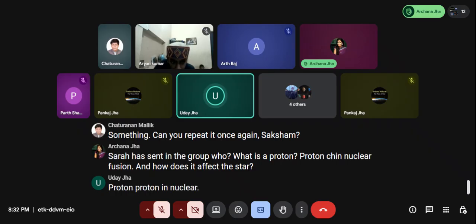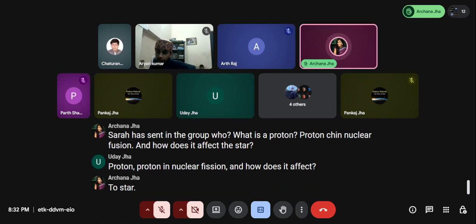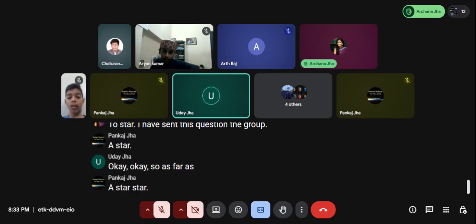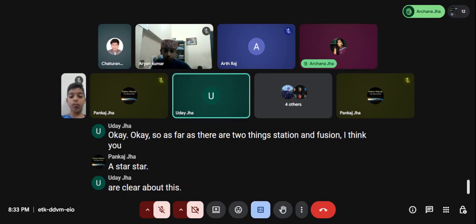Proton in nuclear fission, and how does it affect a star. Okay. As far as there are two things, fission and fusion. I think you are clear about this. There is no nuclear fission that takes place in a star.